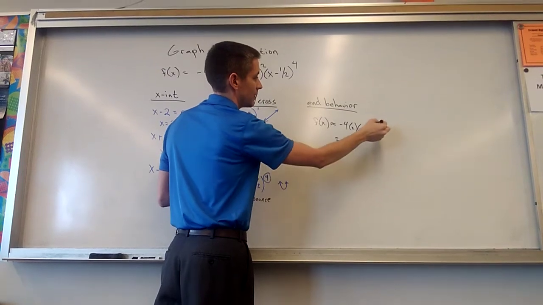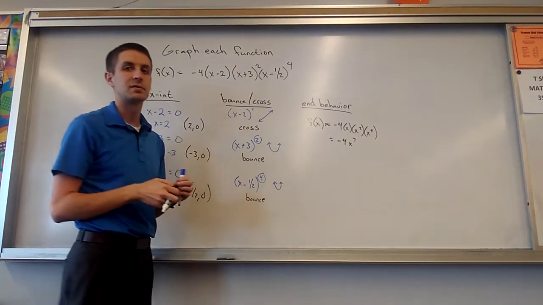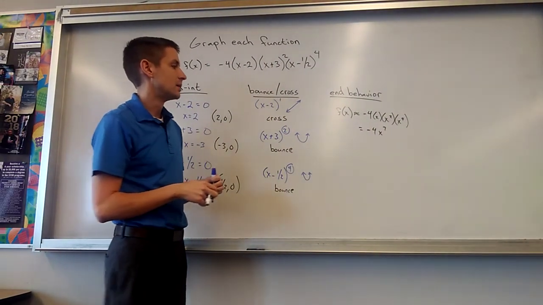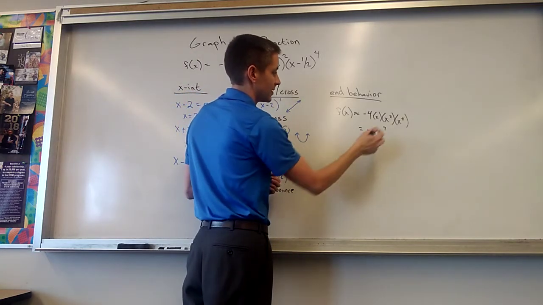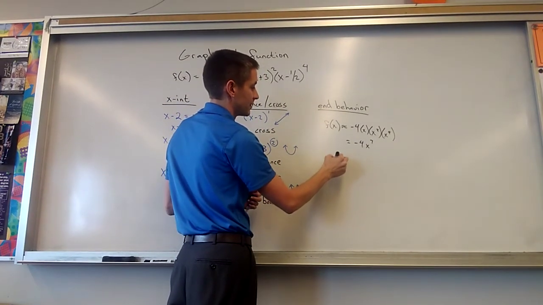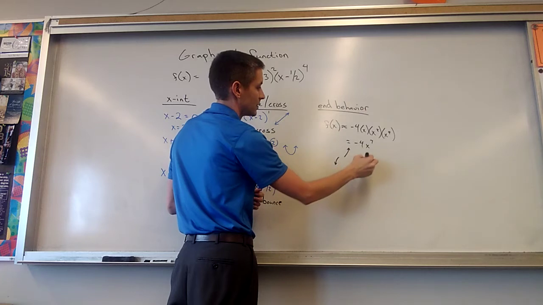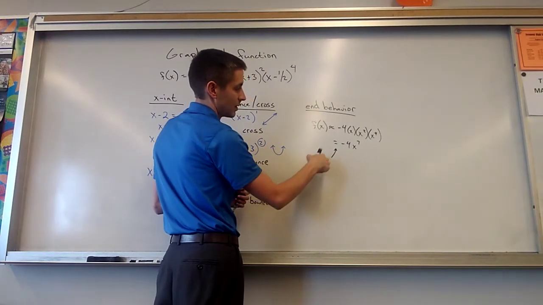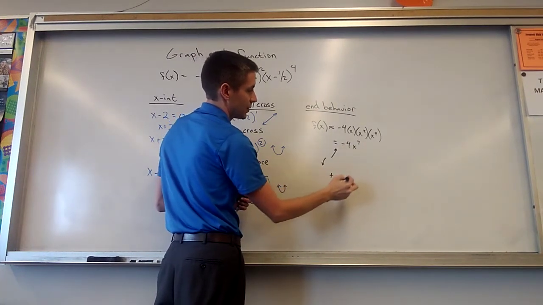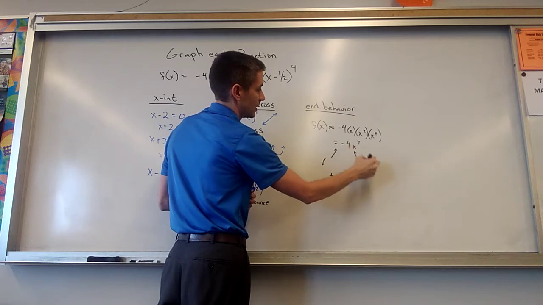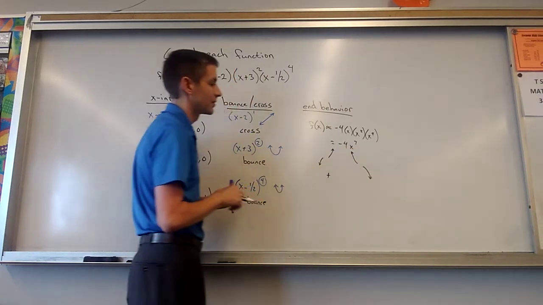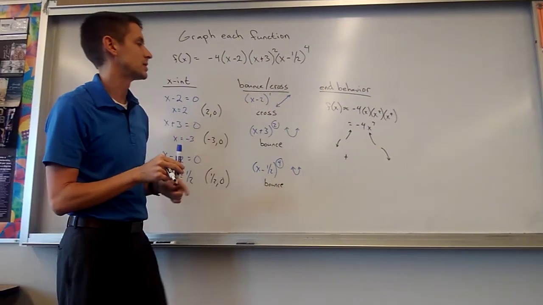Well, an x to the 7th is an odd power graph, so I would expect my end behavior to either be in a positive slope, if it's a positive coefficient, or a negative slope with it being a negative coefficient, kind of like a linear function was. Negative coefficient, I would expect it to look like that one right there.